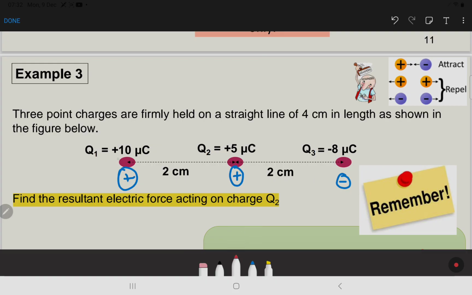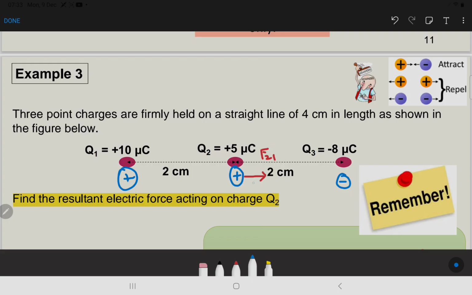Since Q1 is positive, the interaction will be repel, so the force will move toward your right. This is the force on 2 by charge 1, to your right. And then we have Q3, which is negative, so it will attract.